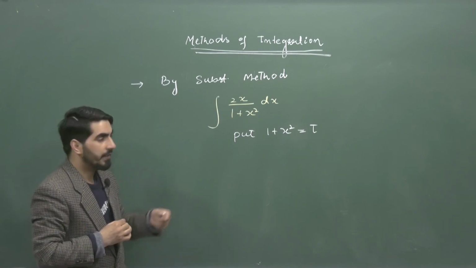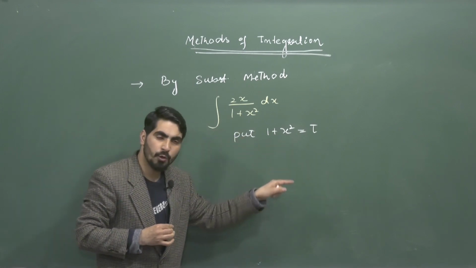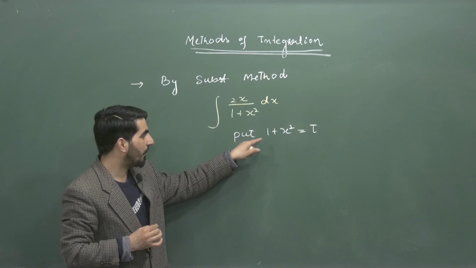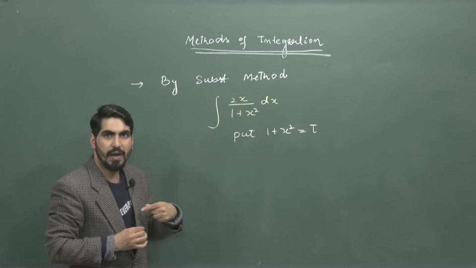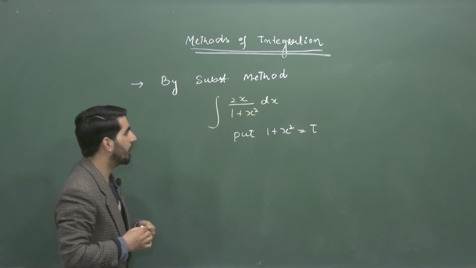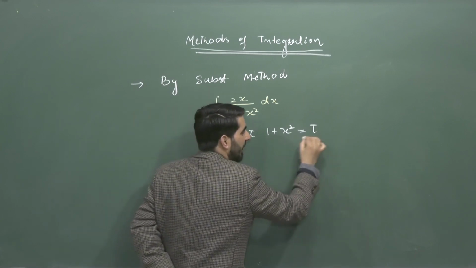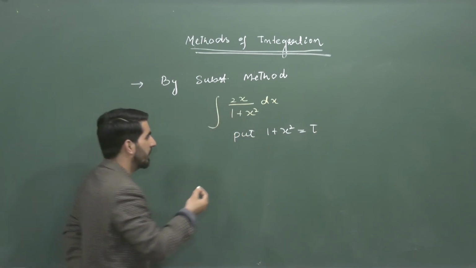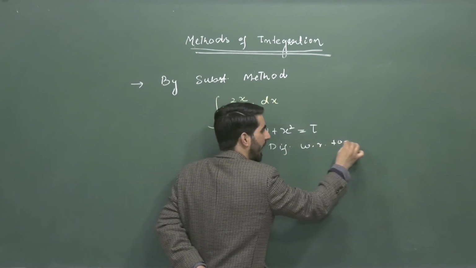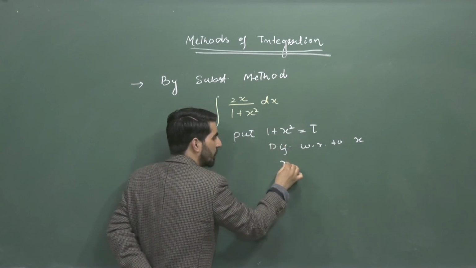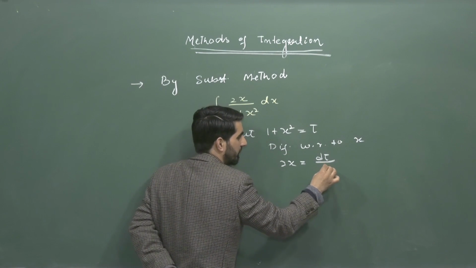I repeat, I put 1 plus x square equal to t, as the differentiation of 1 plus x square is 2x. So we differentiate this with respect to x and get 2x equal to dt divided by dx.